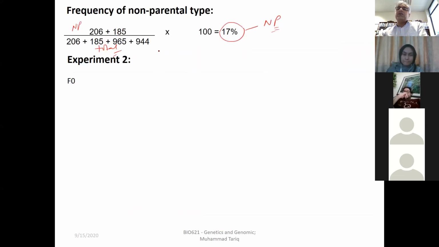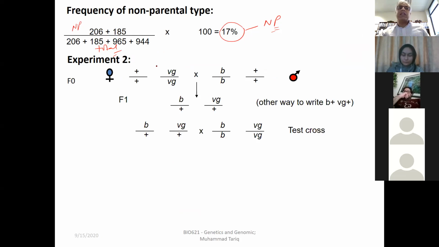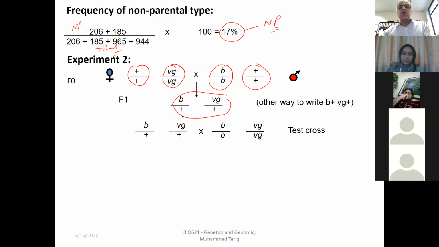He said, okay, I do a reciprocal cross, I change the parents. So one parent is homozygous recessive for vestigial, wild type for body color. The father is homozygous recessive for black and normal wings. And he said, okay, I get F1. I'll go and set up the test cross.